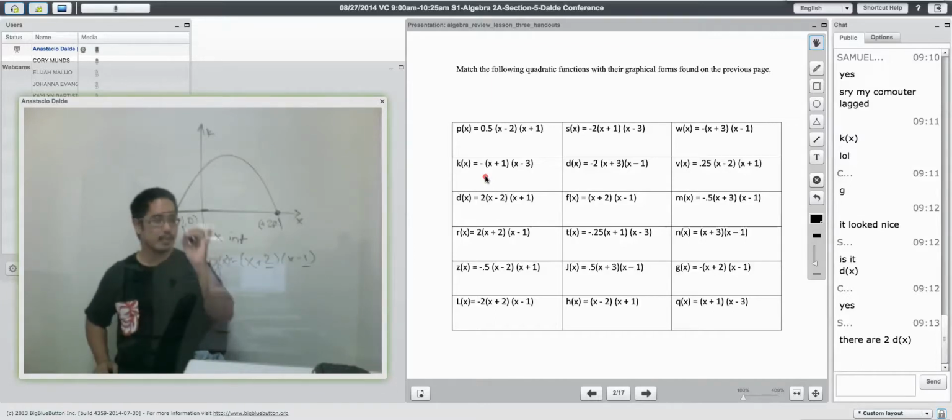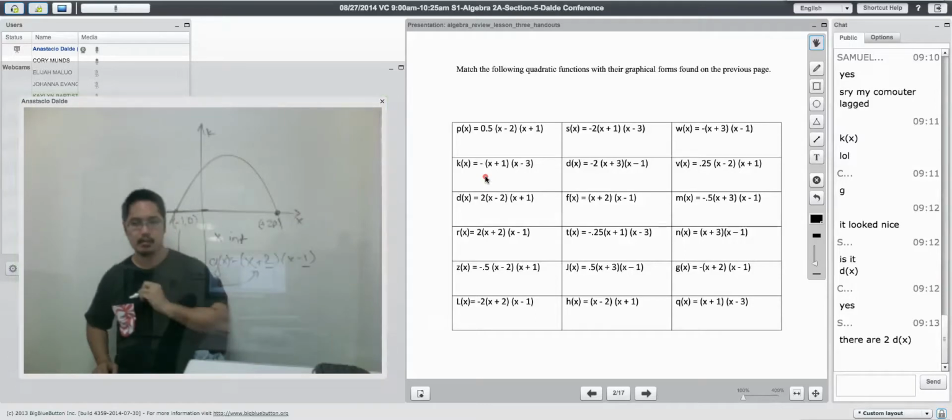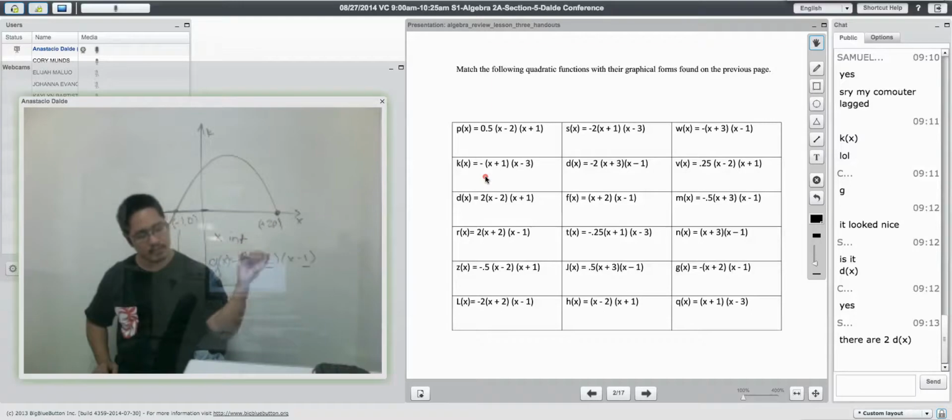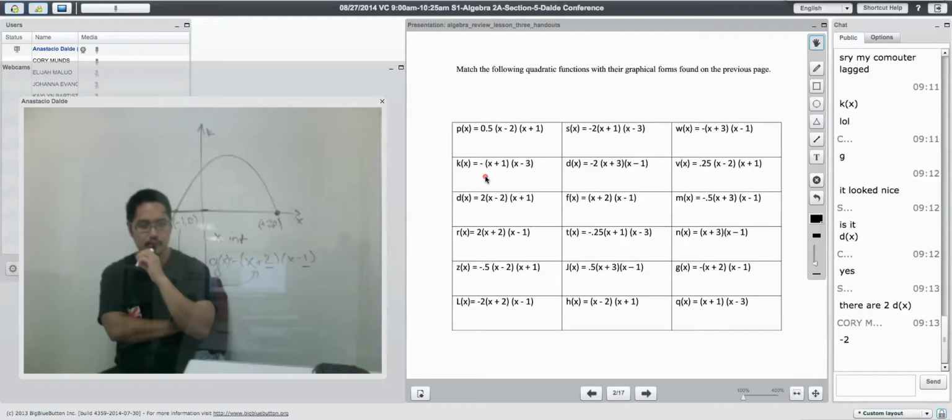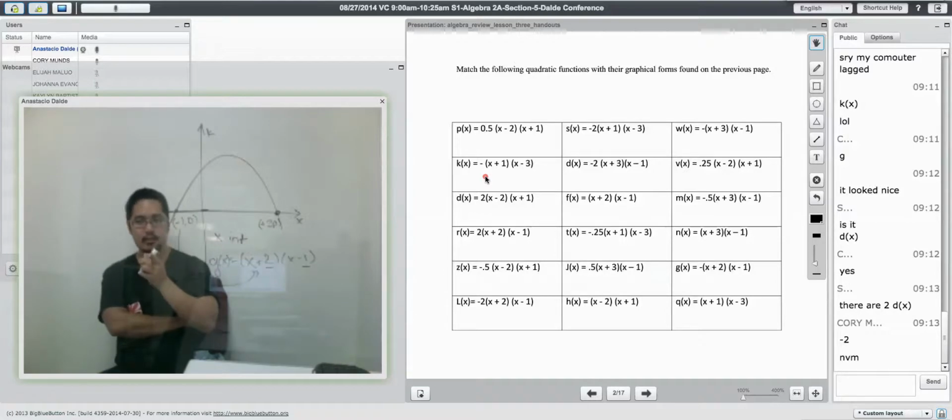If I plug in -1 into here, what do I get? I plug in x equals -1 into this first term. What's that number? No, -1 plus 2 is not -2.